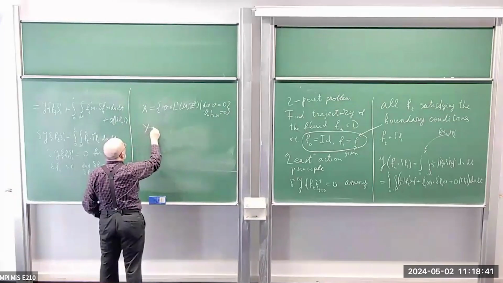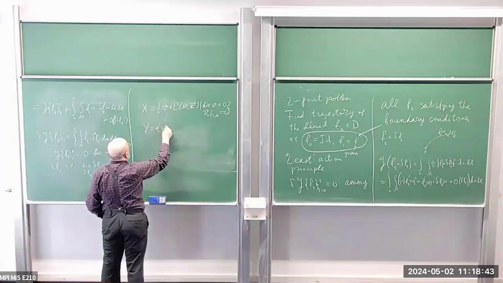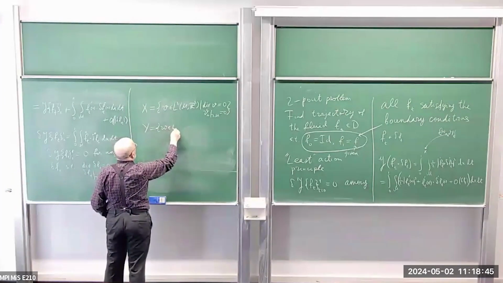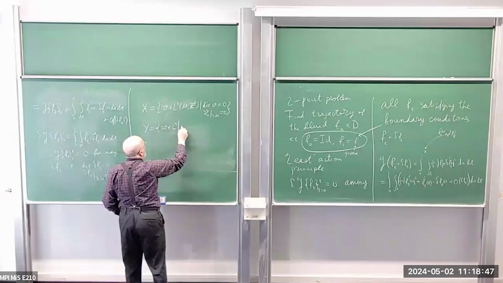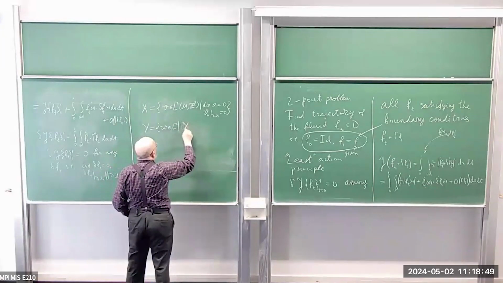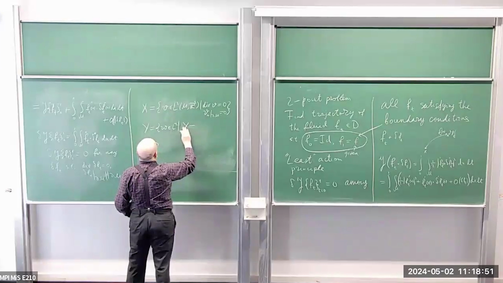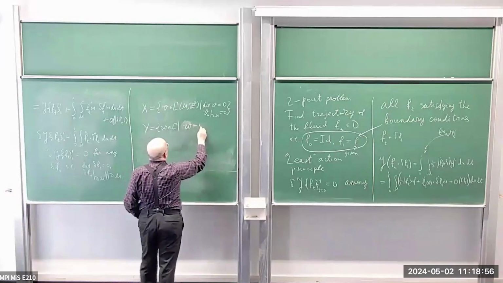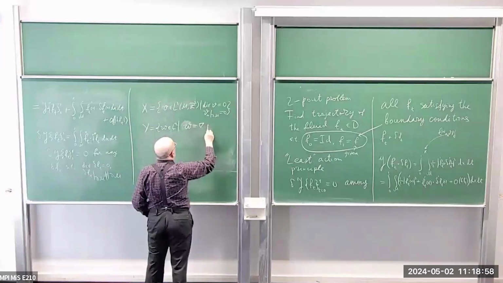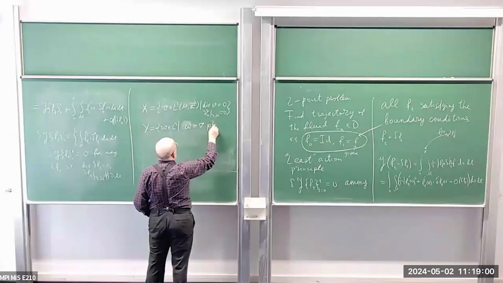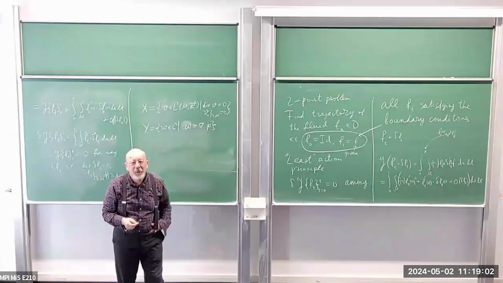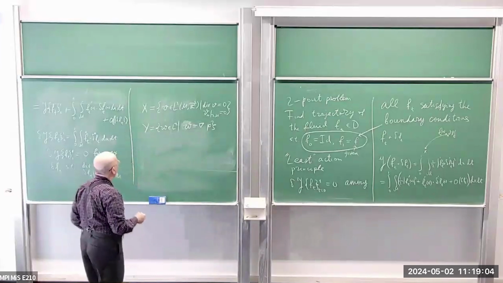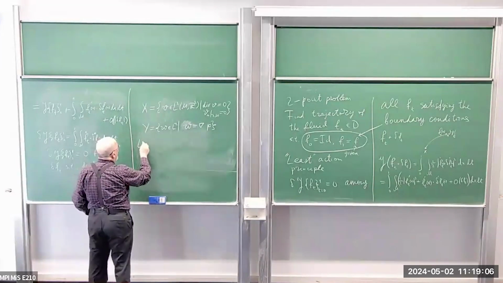Y, the set of W in L2 such that W is gradient of some P. Yeah, potential vector field.